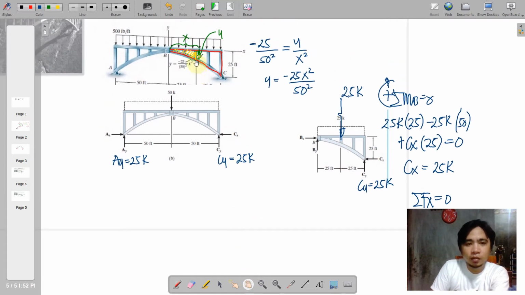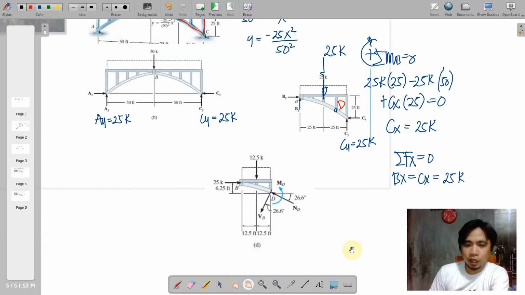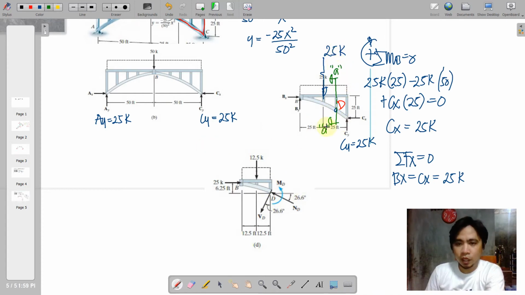So knowing all of the reactions, let us now consider point D. Okay, so this is point D. And then we need to illustrate a section at D. So we have a cut section from this D. If this is the cut section AA on the left portion, we need to indicate a horizontal force here on this member, but this member shall carry no loading because this horizontal pin is carried by your arc here.